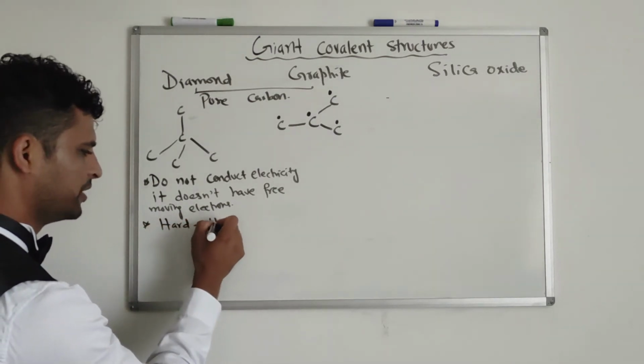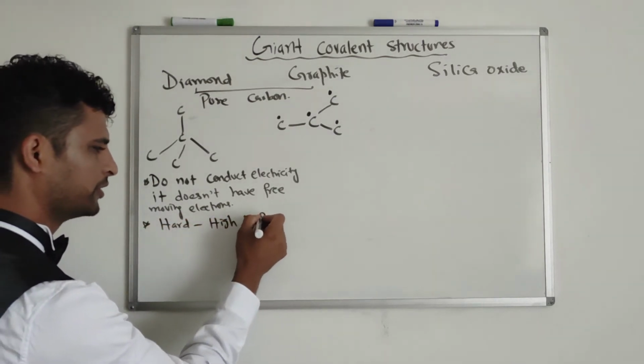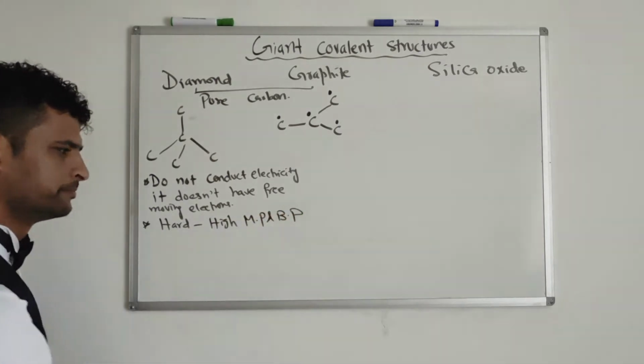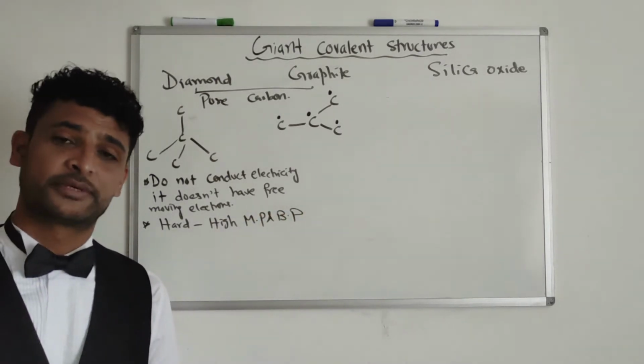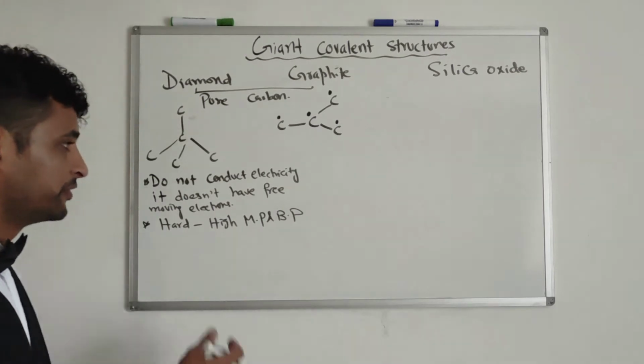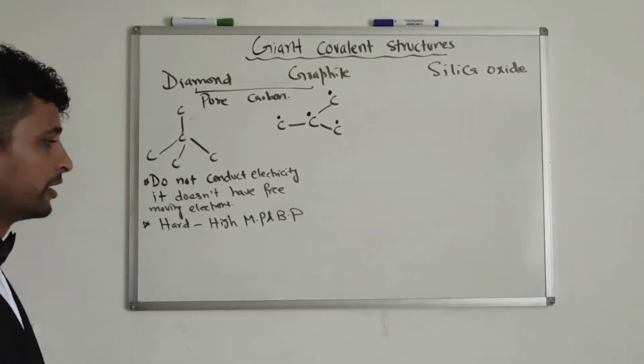Also, why is it so hard? Hard means high melting point and boiling point. Diamond is one of the hardest substances on the Earth, and that's why we use it for drilling or cutting rocks.